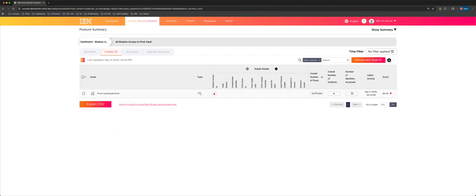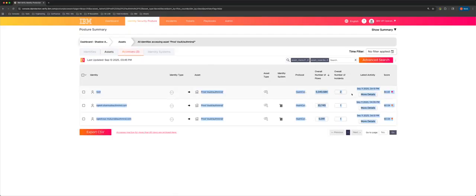But moreover, we can click here in a similar fashion to what we look at in normal shadow access in VIP. And we can see who exactly accessed this secret.